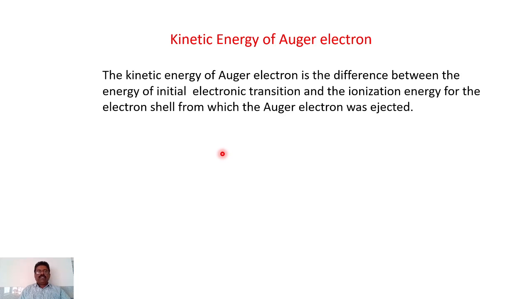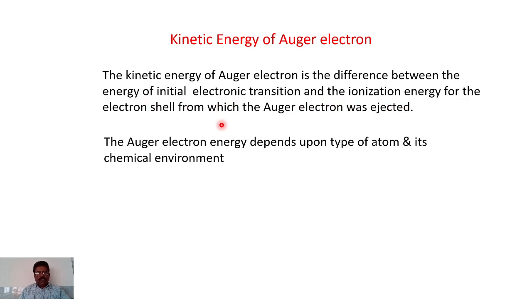Therefore, the kinetic energy of the Auger electron, as we have seen, is the difference between the energy of the initial electronic transition and the ionization energy for the electron shell from which the Auger electron was ejected. So the Auger electron energy depends upon the type of atom and its chemical environment. What is this chemical environment?